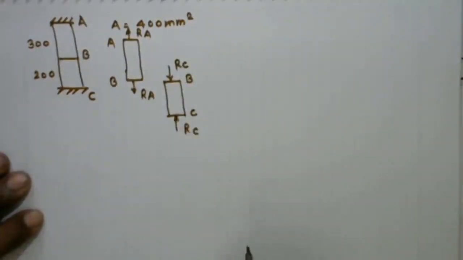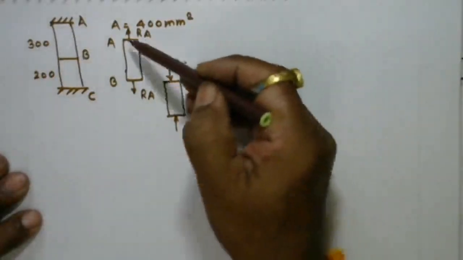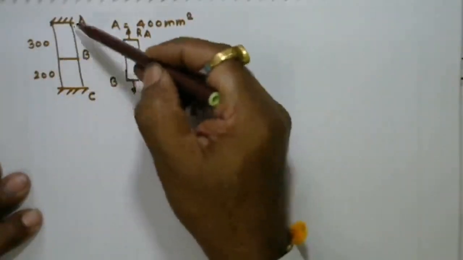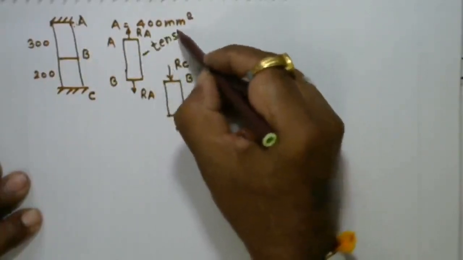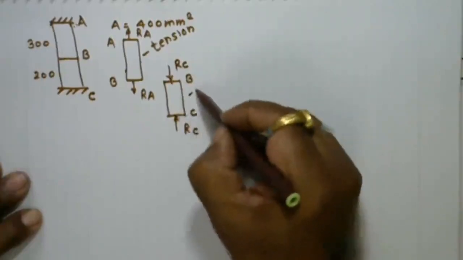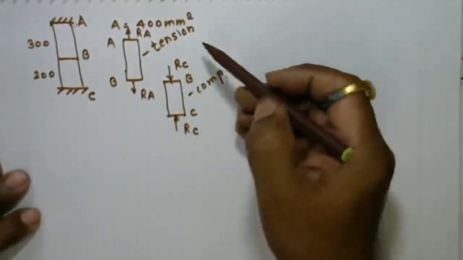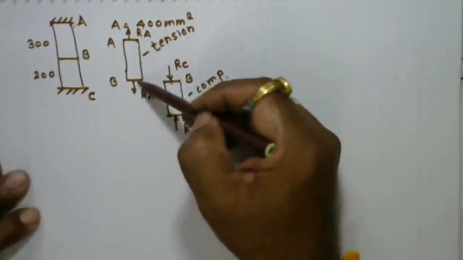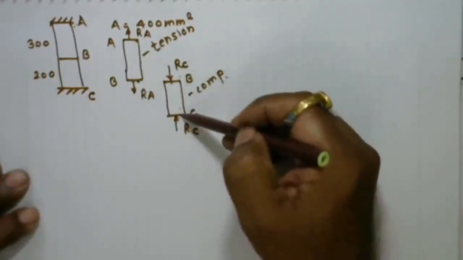So in that case, the bar is held between two rigid plates, A and C, therefore the upper portion is subjected to tension while the lower portion is subjected to compression. So the increase in the portion AB will be equal to the decrease of the portion BC.